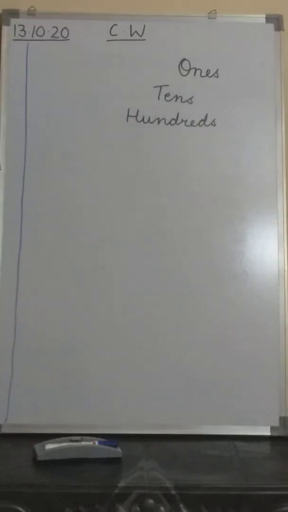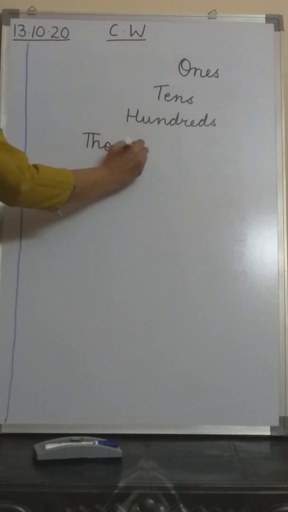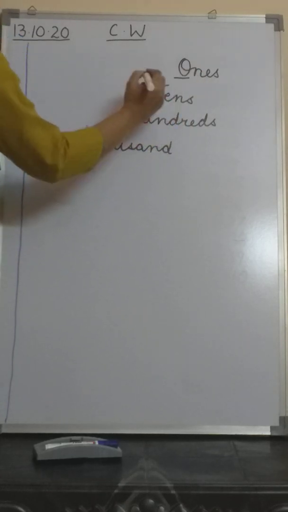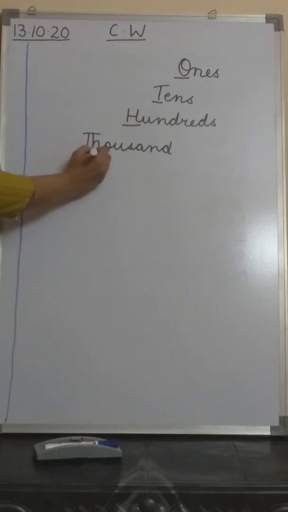We had learned this: ones, tens, hundreds. Now we are going to learn thousand. So we learned O for ones, T for tens, H for hundreds and TH for thousand.